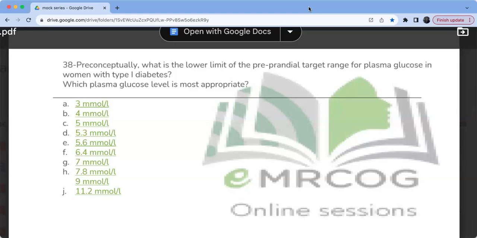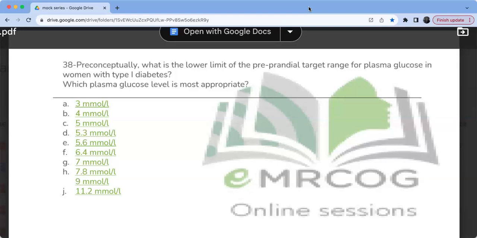Quick look at the numbers. Target plasma glucose and HbA1c level before pregnancy. The woman with type 1 diabetes planning a pregnancy should aim for the normal capillary plasma glucose target range: fasting level of 5 to 7 on waking, plasma glucose level of 4 to 7 before meals at all other times of the day.